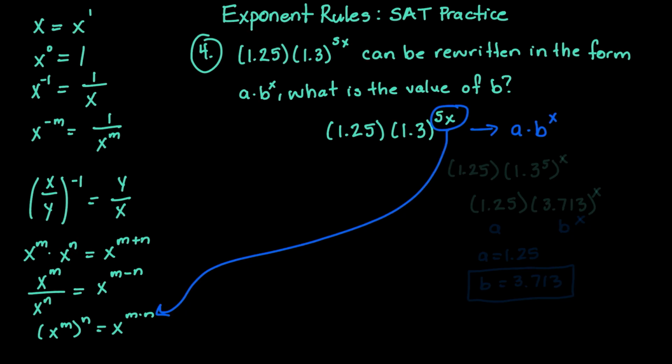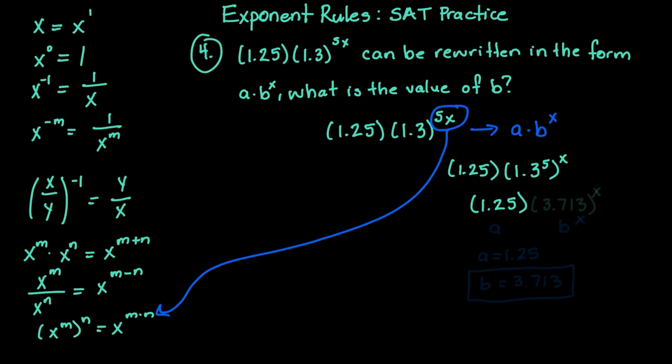So we're going to use our finesse and rewrite 1.25. And then this is going to be 1.3 to the 5th raised to the x. Again, all of our problems are calculator problems.